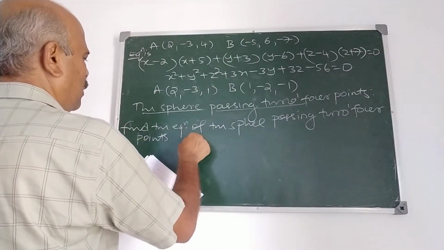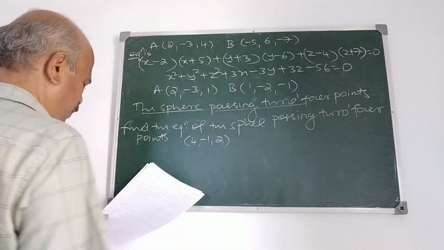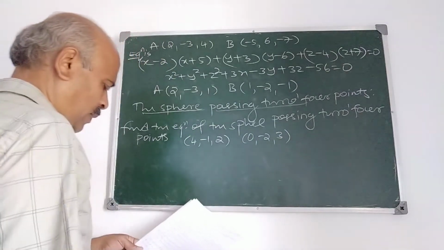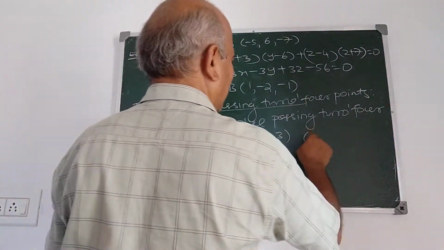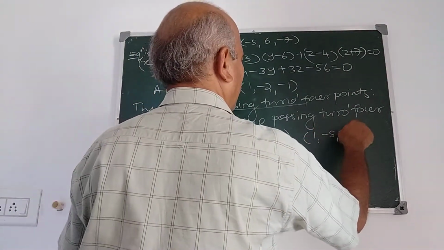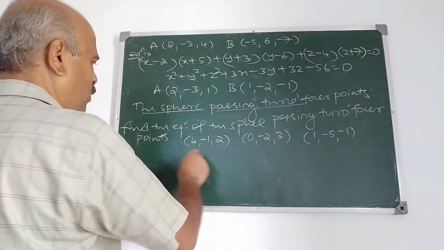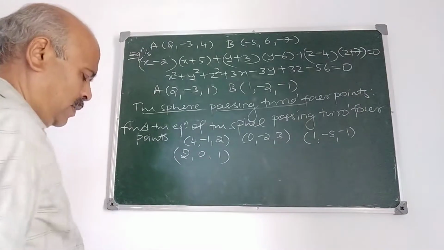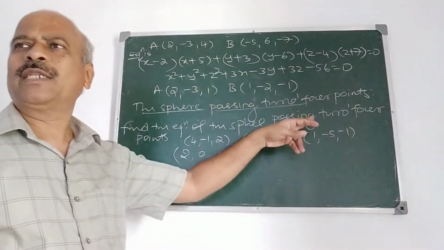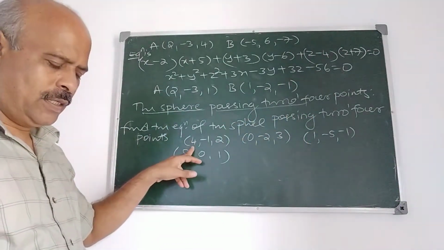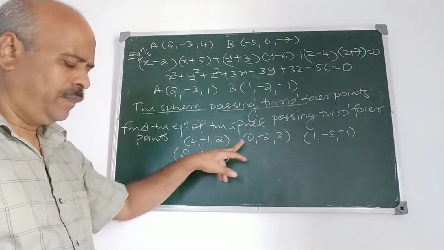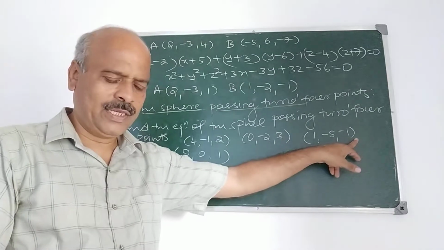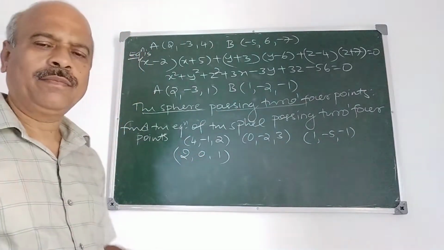First is (4, -1, 2), (0, -2, 3), (1, -5, -1) and (2, 0, 1). Find the equation of the sphere passing through these 4 points: (4, -1, 2), (0, -2, 3), (1, -5, -1), (2, 0, 1).